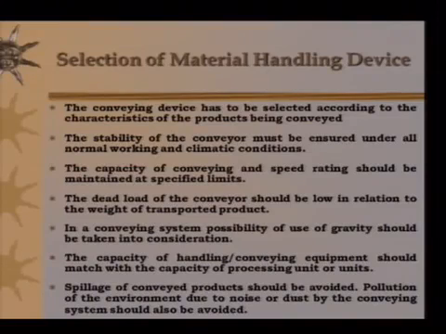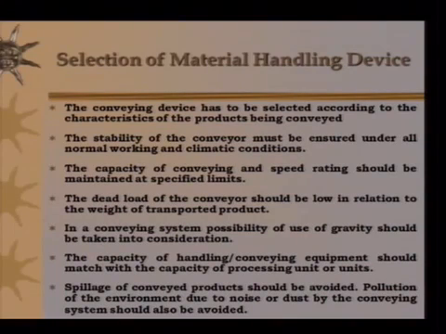the granular material. Now coming to the selection of material handling devices, there are certain points that I would like to highlight. For any food industry, whether it is grains or fruits, you need to keep in mind certain points before selecting a conveying or material handling device. The conveying device has to be selected according to the characteristics of the product being conveyed.